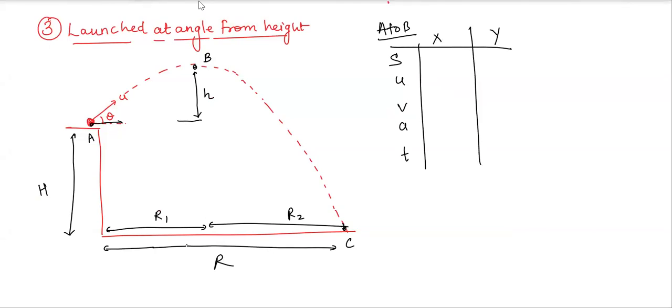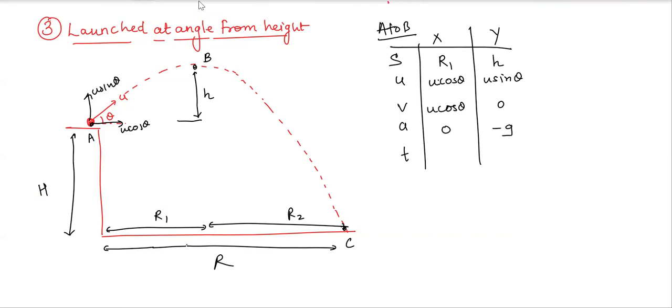Again, here will be 2 components, u cos theta, u sine theta, and the displacement in x direction will be r1, the displacement in y direction is h. The initial speed components are u cos theta and u sine theta, and the final velocity is u cos theta, and at the top it will be 0. Acceleration is 0 here, and minus g.